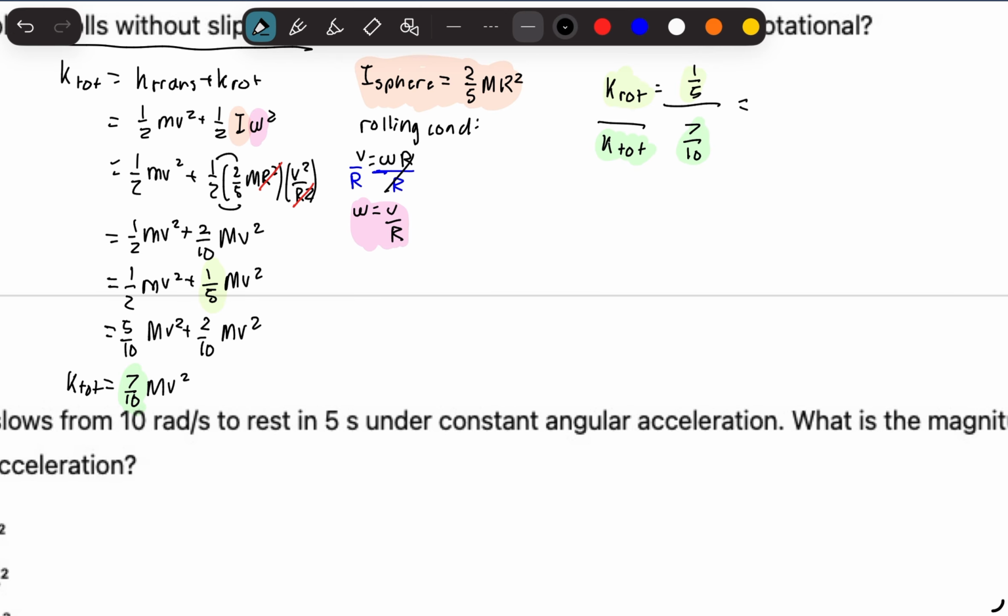So you take the ratio of that, you can multiply 1/5 times 10/7. So this is going to be equal to 2/7.